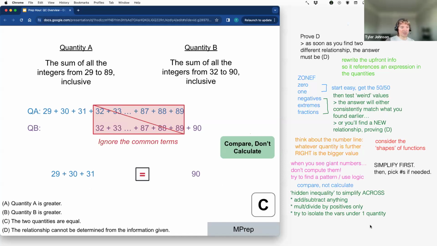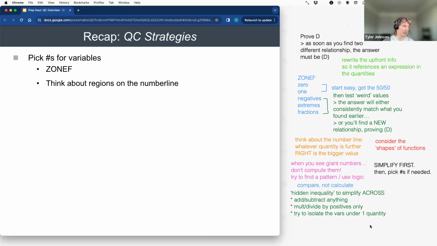Okay, so to recap a lot of what we talked about today, I think the most important bits here are that picking numbers is a great strategy for quantitative comparisons. And some of the most helpful ways to guide that is to think about the regions on the number line, right? Your big positives, your big negatives.